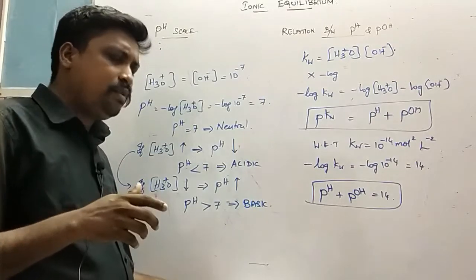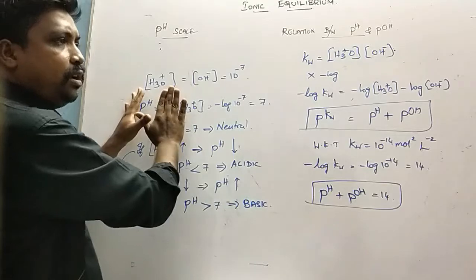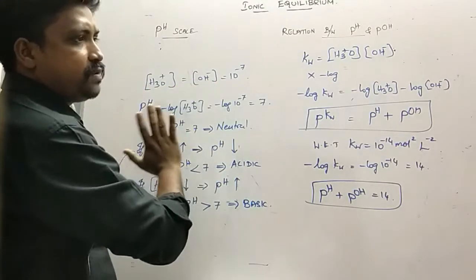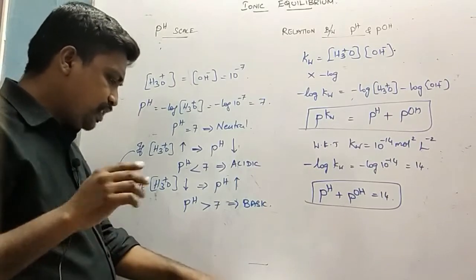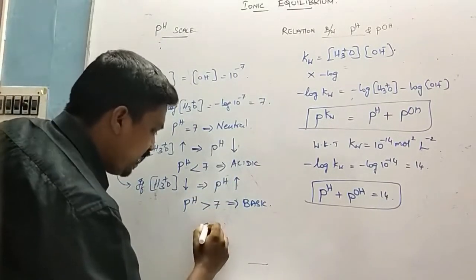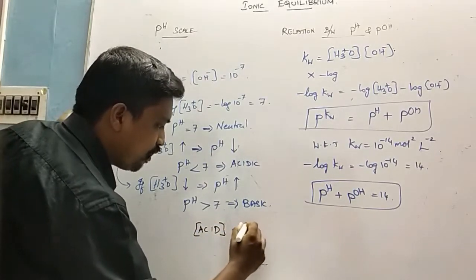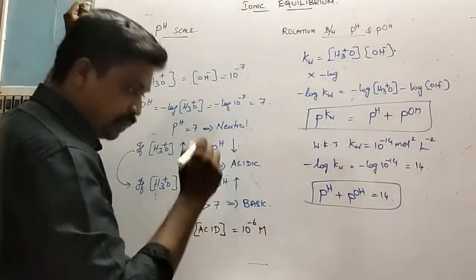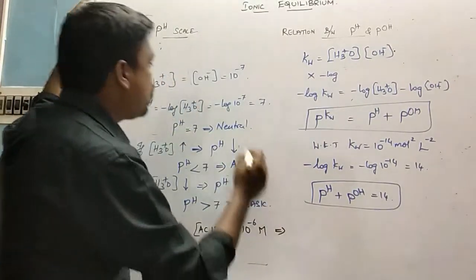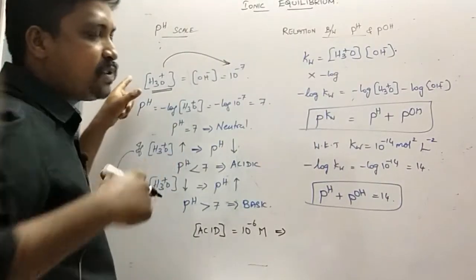Right. One thing is very important to remember here. Sir, in a neutral solution, what is the concentration of H plus or OH minus? 10 power minus 7, sir. Suppose you are dealing with an acid whose concentration is of the order of 10 power minus 6. Then you cannot omit the H plus ions produced by water.